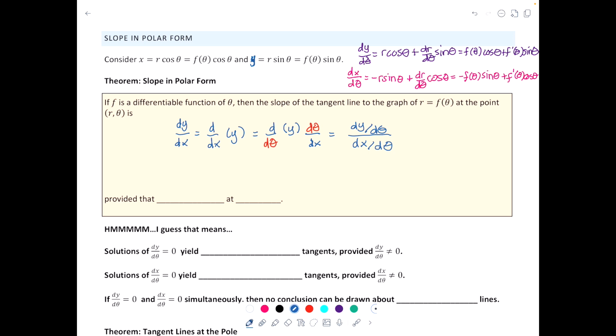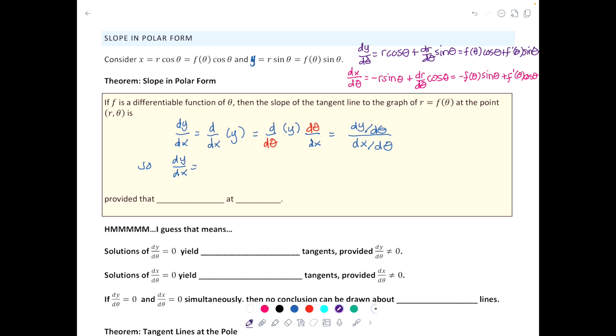And what did we find all that to be? So I'll write it here, dy dx is equal to dy d theta, which we found, remember, in the purple.